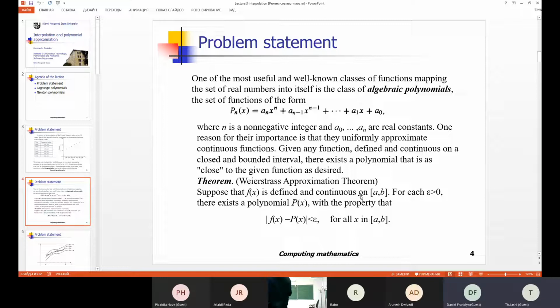Two coefficients, two numbers. If I take some concrete values of these coefficients, for example, 1 and 1, I get the concrete form of the polynomial, for example, P1 of x equals x plus 1.